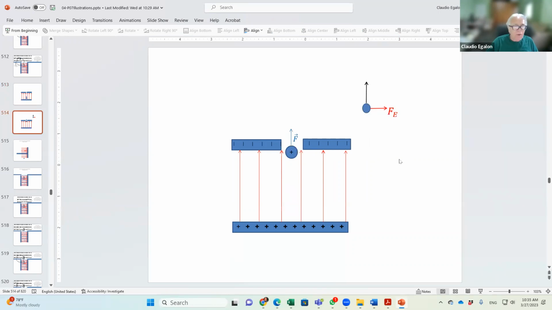I'm going to use the red arrow instead of the blue one.